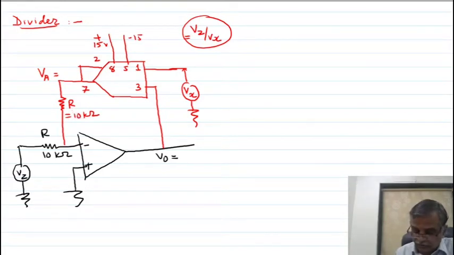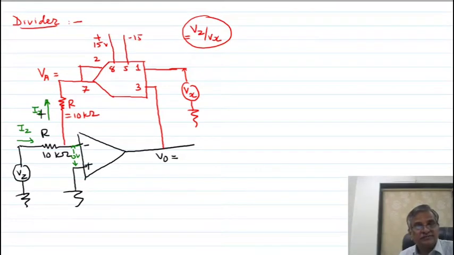Now, due to the very high, infinite impedance of the op amp and very high open loop gain of the op amp, the voltage between these two tends to 0. This is your current, and as a result I am showing you the same current.